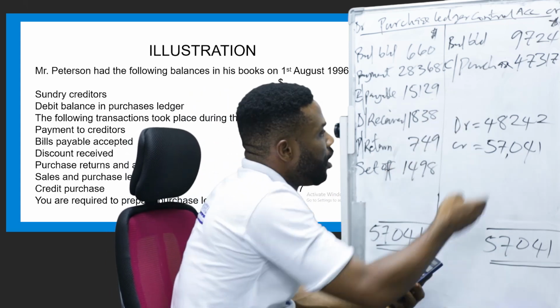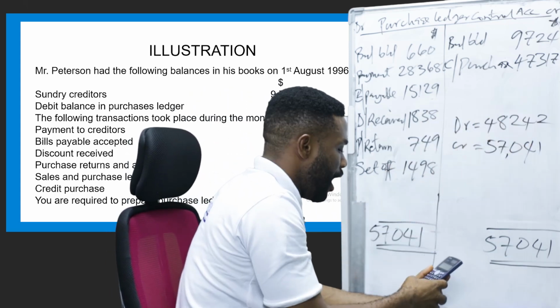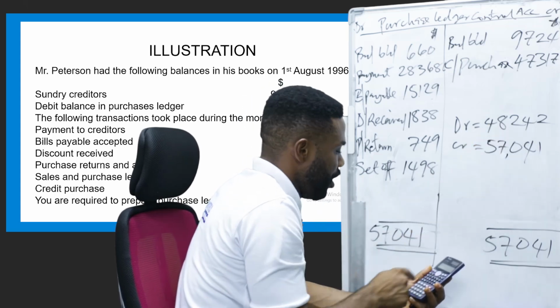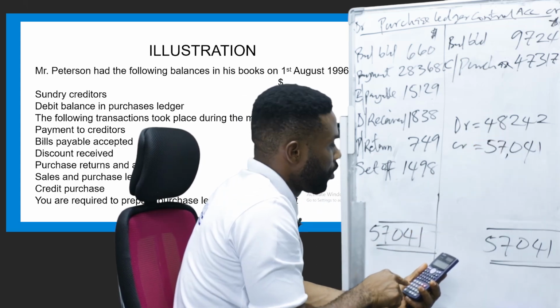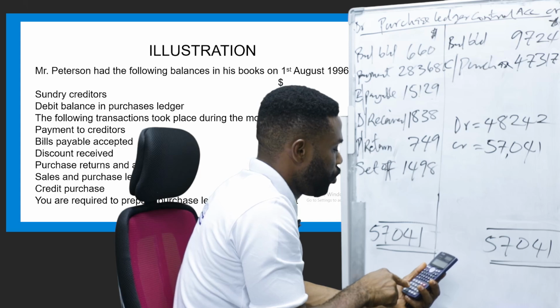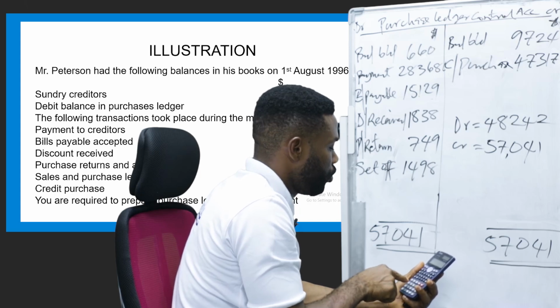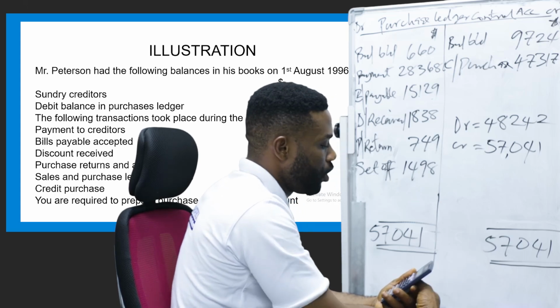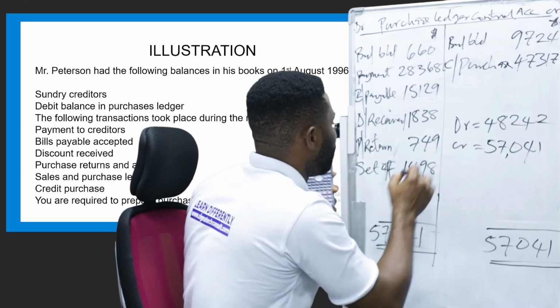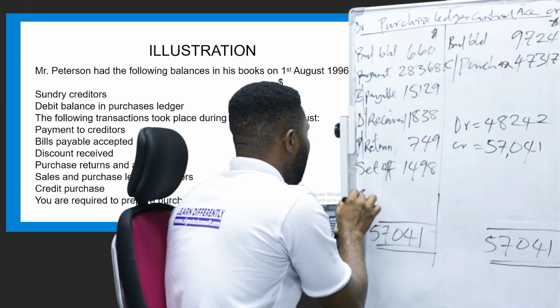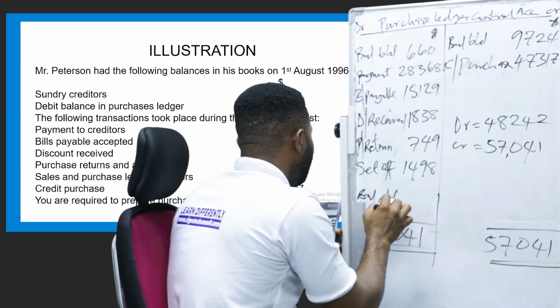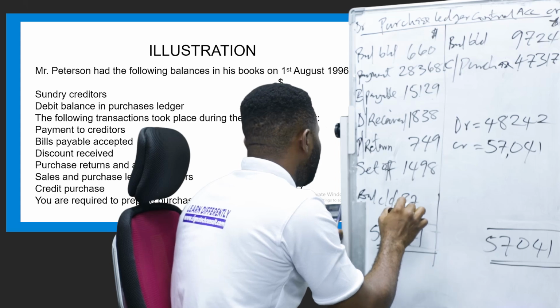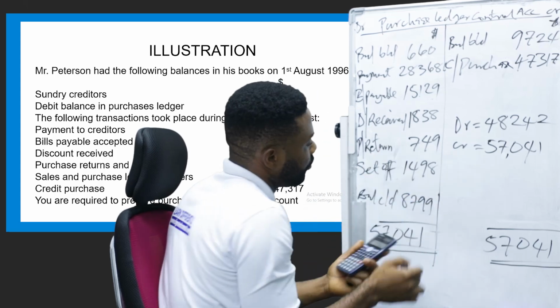Compare. Let's subtract. When you compare here to here, you are subtracting here from here: 48,242 subtracted from 57,041. So your balance carried down is going to be 8,799.